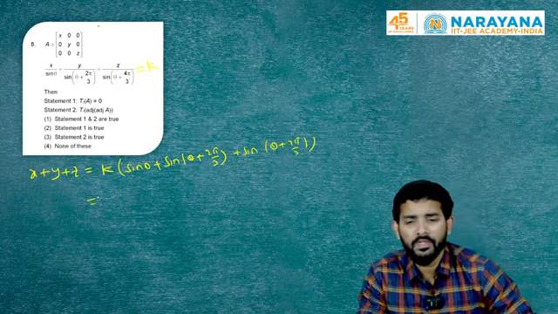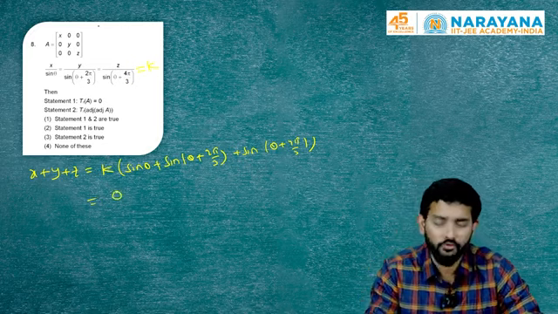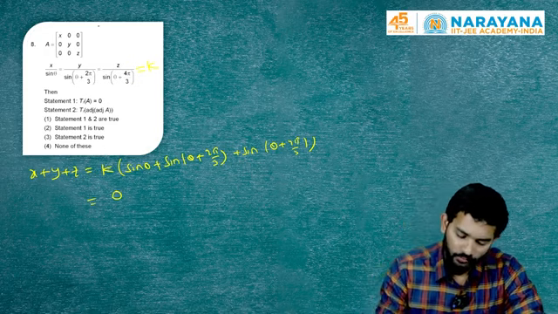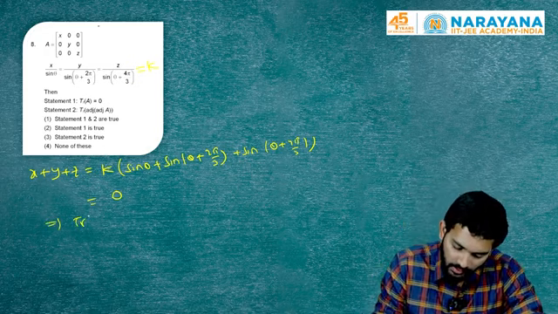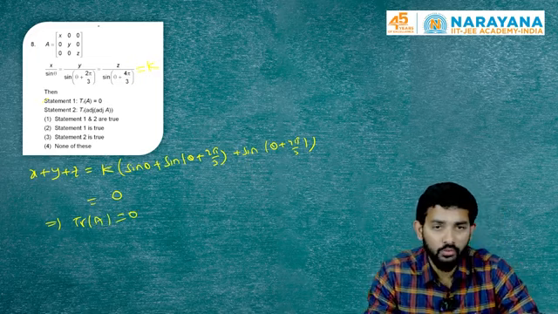So sine theta plus sine(120 plus theta) plus sine(240 plus theta), which is 0 by transformations. If you apply transformations and simplify, you will get that sum to be 0. So which implies trace of the matrix A is equal to 0, which means statement 1 is true.